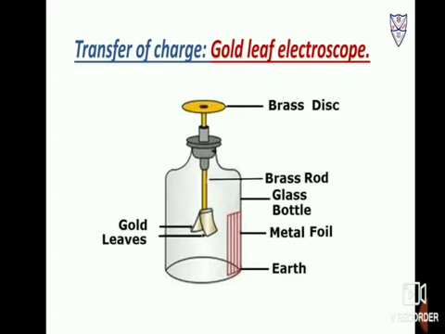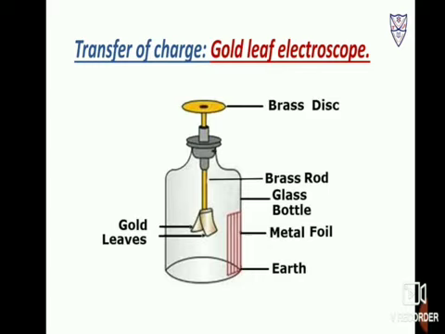This rubber stopper we can also call an insulator plug. At the top end, the brass rod carries a brass disc, and the lower end carries two thin gold leaves such that they hang parallel to each other. You can see in the image how it has been hung.